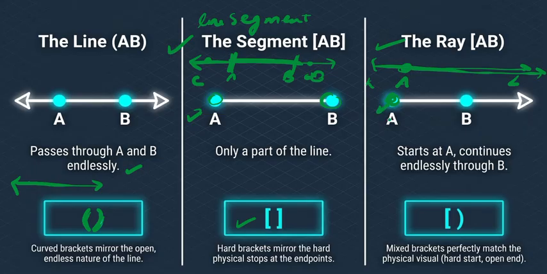It means a ray has the starting point, which is A, and it has no ending point. It goes on infinitely. So this bracket is used to show that the starting point is included, and this bracket is used to show that the end point of the ray is not included. Okay, got it.